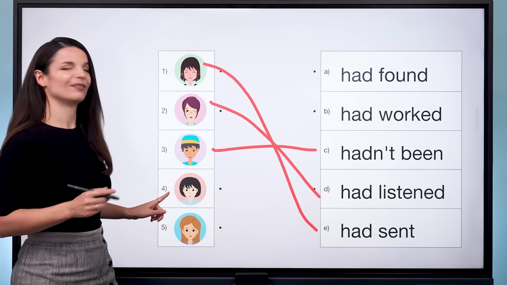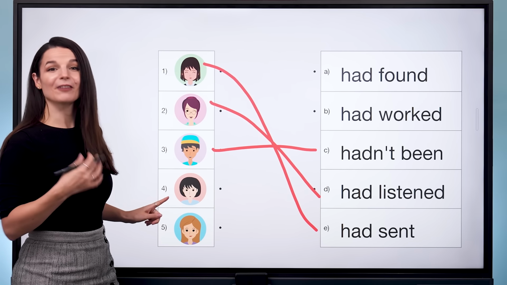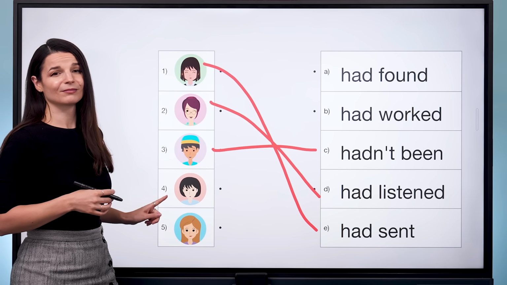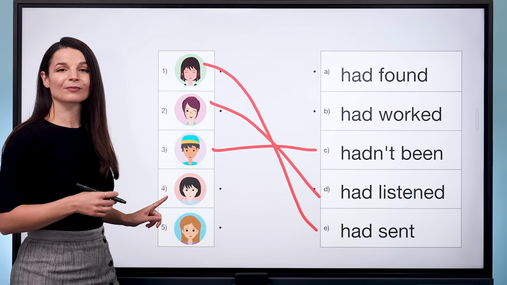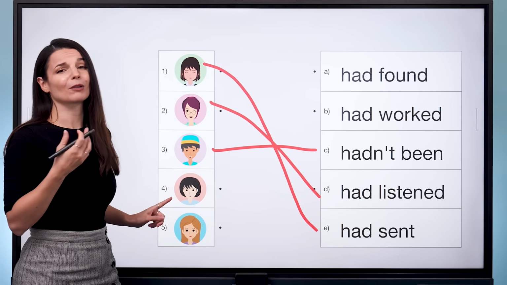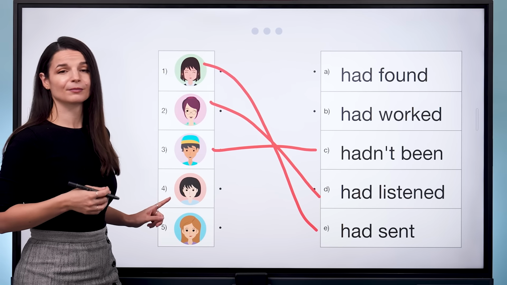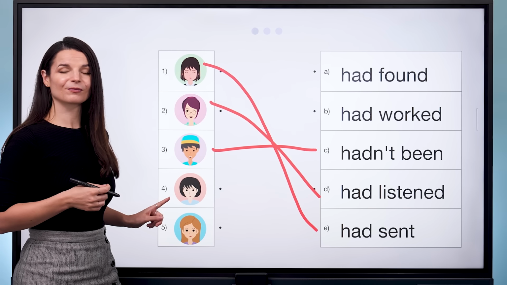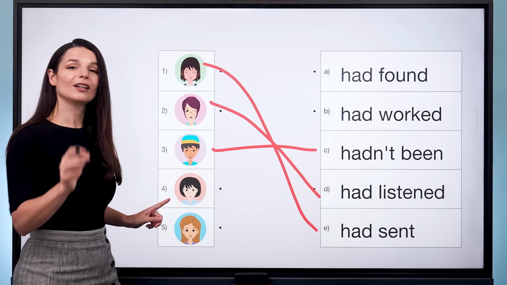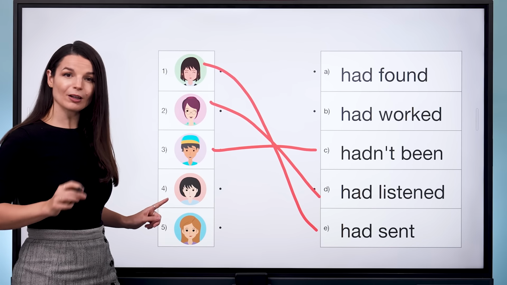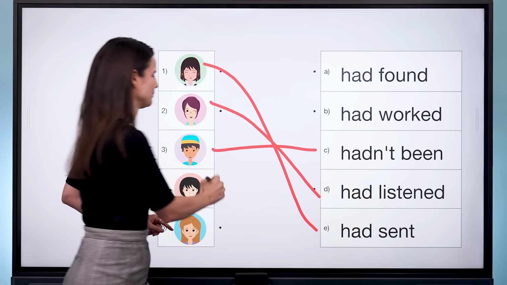Next. I would be promoted now if I had worked harder last year. One more time. I would be promoted now if I had worked harder last year. Did you hear had worked? Had worked is the past perfect verb.